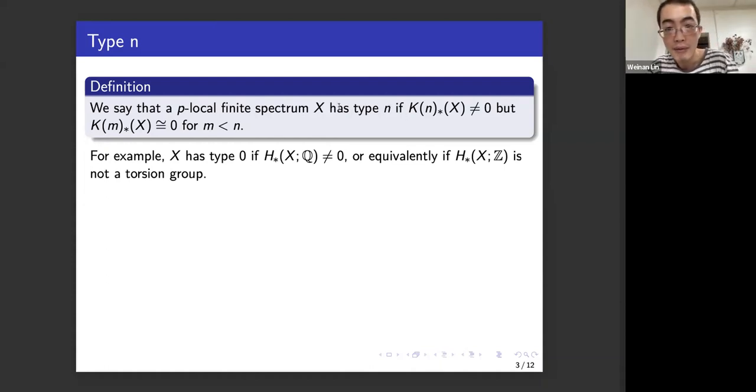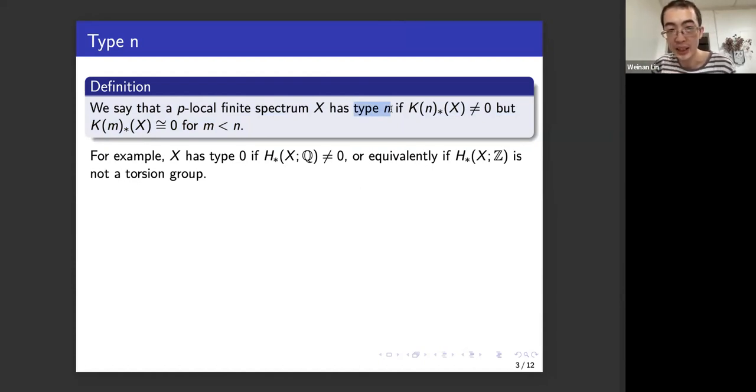I haven't told you that there is an example of a spectrum of type N for every N, because this is just a definition, it doesn't tell you that. And the answer is yes. And it's very difficult and complicated to give a spectrum of type N for every N.